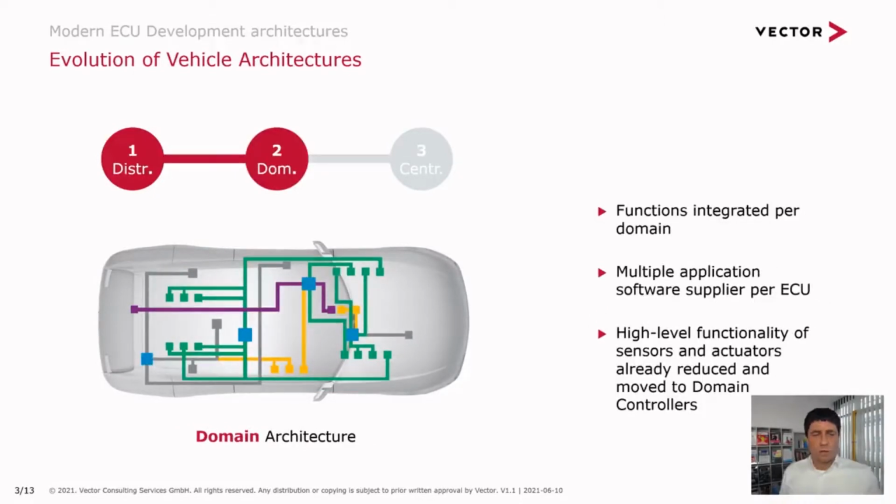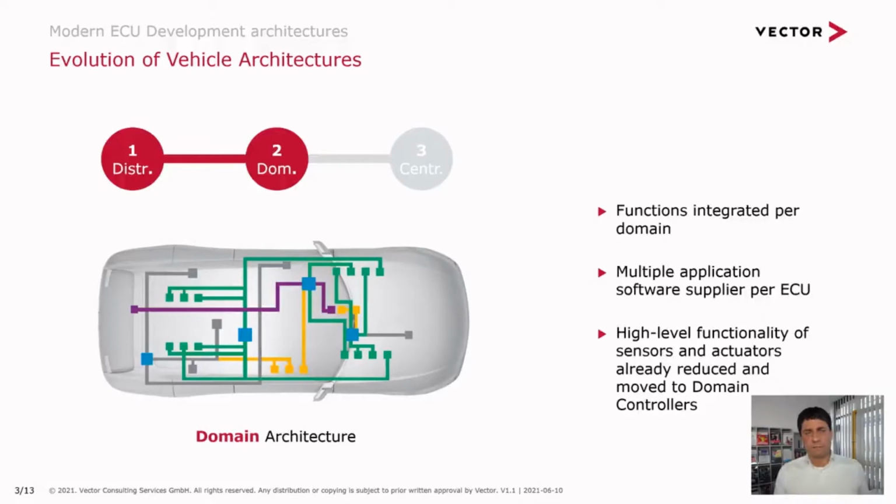This brings us to the next evolutionary step, the domain architecture. The main idea is that the complete software which is relevant to one and the same dedicated domain is bundled together in one ECU.